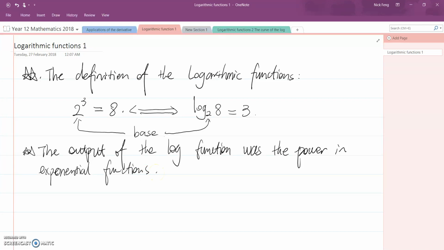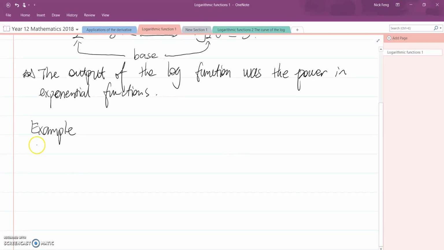Okay, so that is how we read the log function again: 2 to the power of 3 is 8. So let's do some simple examples to revise your understanding of log.